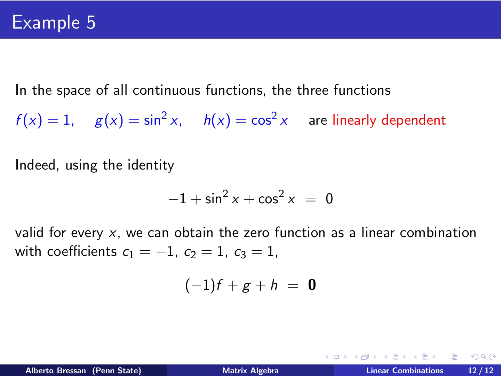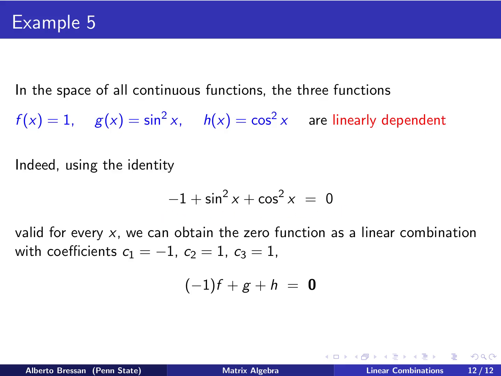So we just need to find a set of coefficients c1, c2, c3 such that the linear combination of these 3 functions becomes 0, and those coefficients are not all 0. Okay, and we observe that g and h have an identity. So sine squared plus cosine squared is 1. So sine squared plus cosine squared minus 1 is 0.